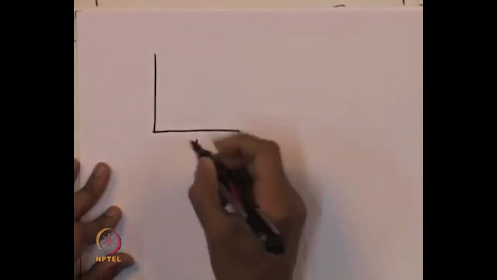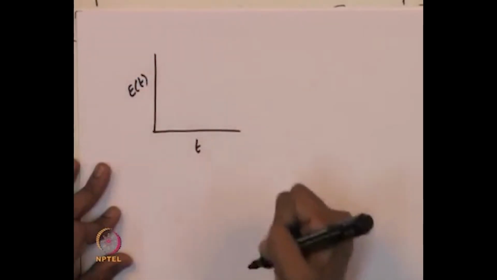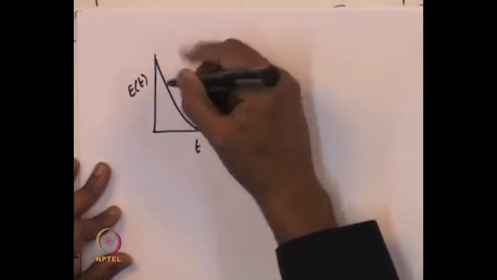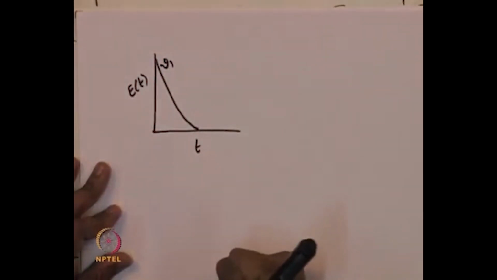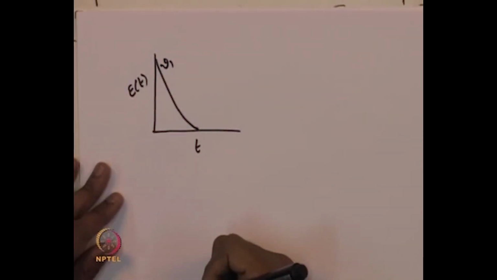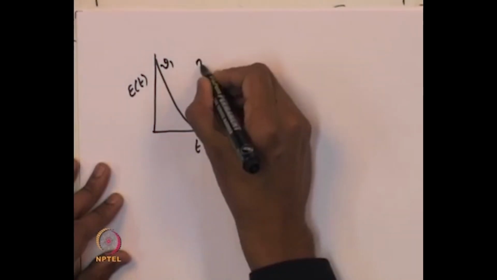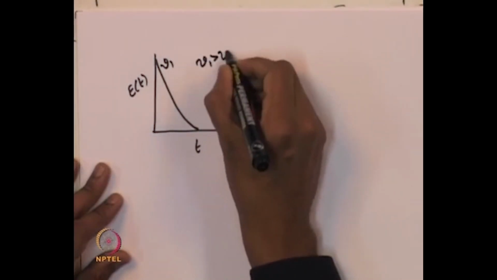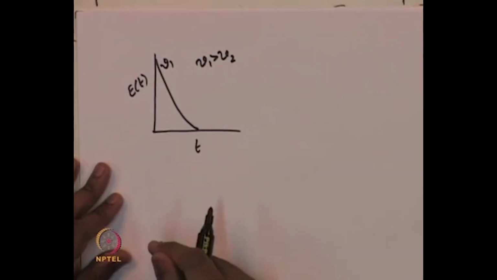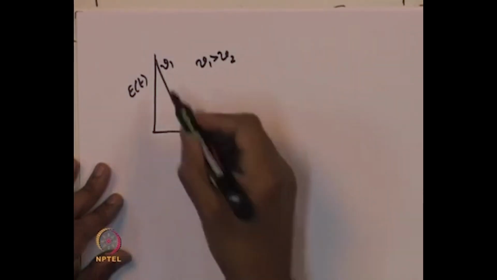Now, suppose there is a reactor and we know the RTD function. Suppose we know the E curve for a given volumetric flow rate V 1. Now, if we want to find the E curve or the RTD function for a different volumetric flow rate, let us consider the situation where we are feeding the reactor with a fluid of volumetric flow rate less than V 1.